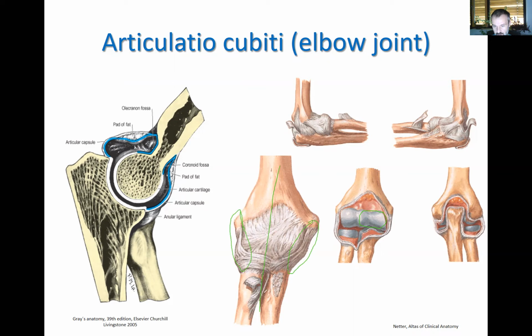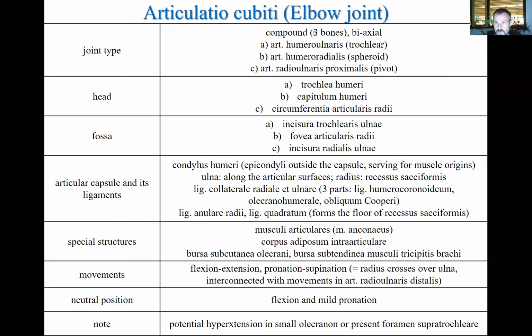But we are able to move these two bones. That means the radius turns across the ulna, which we call supination pronation. So functionally, it's a biaxial joint: flexion extension, and pronation supination.